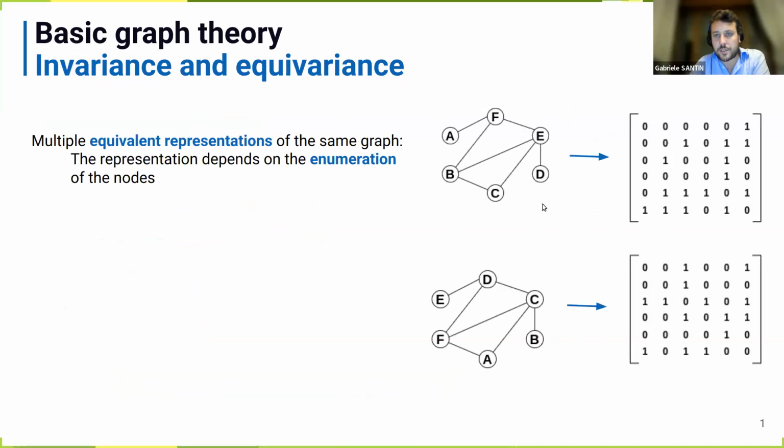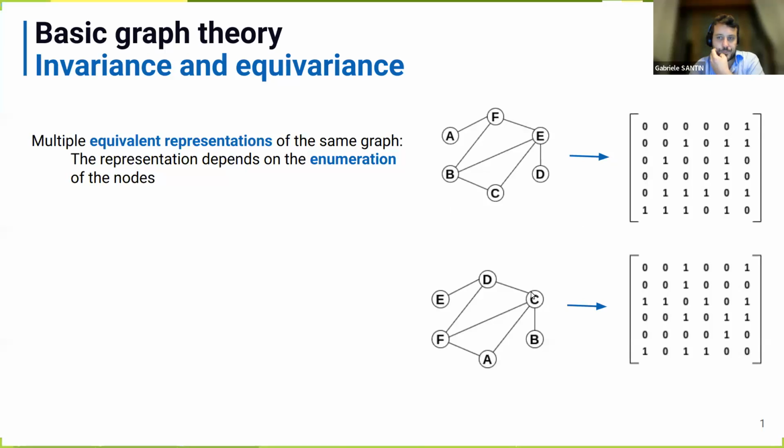You have two of them here, and they are just the same graph where I decided another labeling or numbering of the nodes. And in matrix form, you see the corresponding adjacency matrix on the right, and you see that as soon as I change the numbering or the labeling of the nodes, the matrix changes.